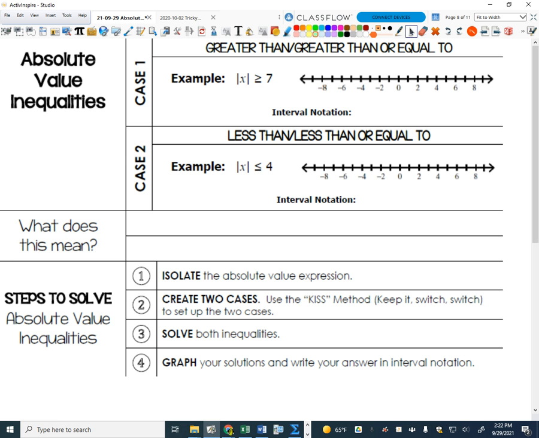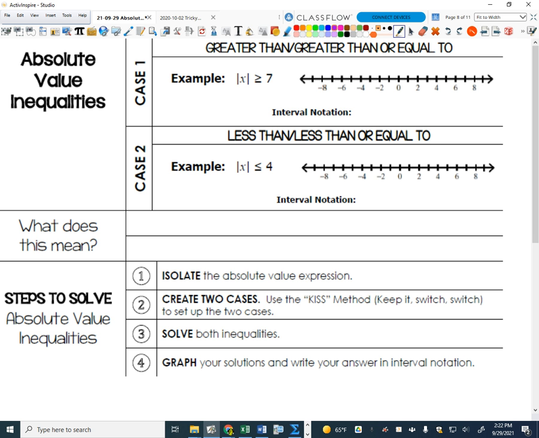So on your notes here, we'll just go through this really quickly. If I want to look at the solution of something like this, if the absolute value of x is greater than or equal to 7, think what that means in terms of distances, right? The absolute value of x is the distance from the origin, right?